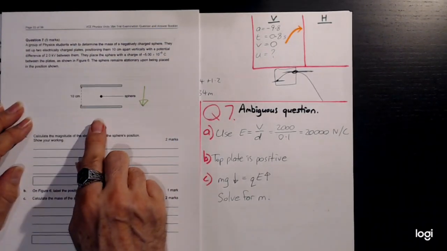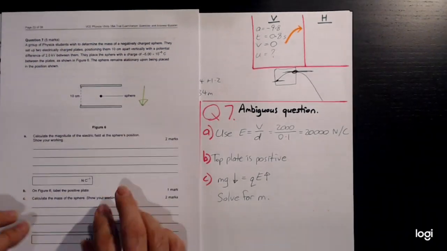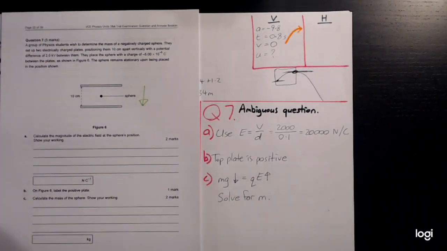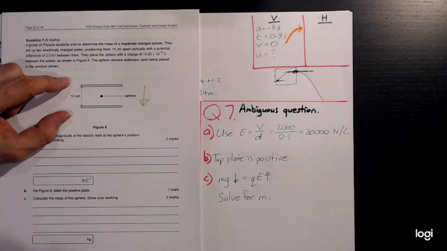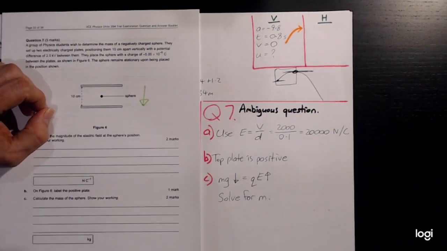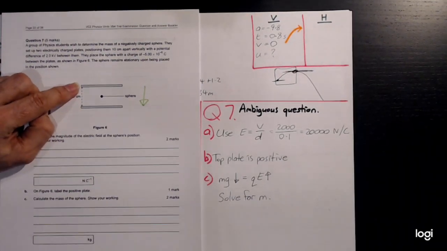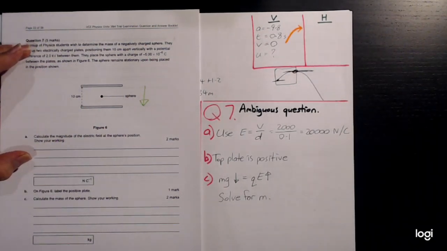They didn't say viewed from the side, or they didn't say top sphere and bottom sphere, etc. They mentioned it later on. But they've just assumed that you realize that, for example, you're not looking down on this from above or up from below, that's just looking straight ahead, and that's directly above that. The VCE rarely makes mistakes like that.